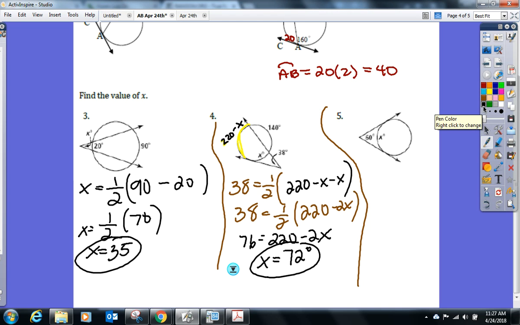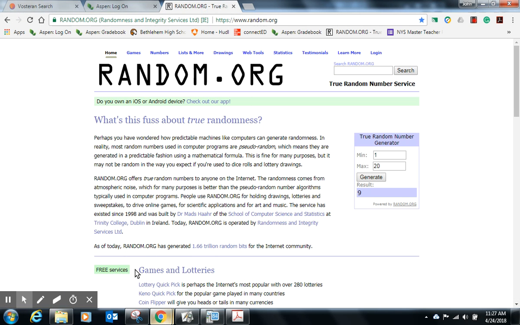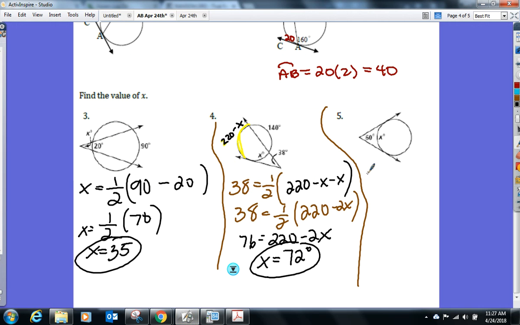Okay, 60 degrees on number 5. Where is it? Inside or outside? Where's this 60? Okay, so we know it's going to be equal to half of 2 arcs being subtracted. And I gave you 1 arc is x, but I know nothing about the major arc here. Look at the last problem if you need a little hint.